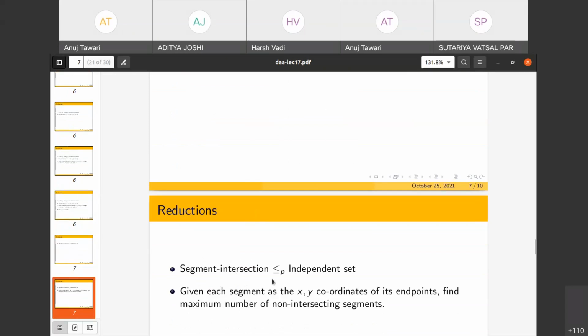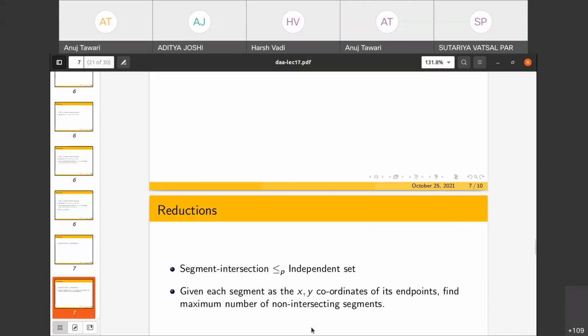And how they are given is that you are given the x and y coordinates of its endpoints. Okay. And you want to find the maximum number of non-intersecting segments.